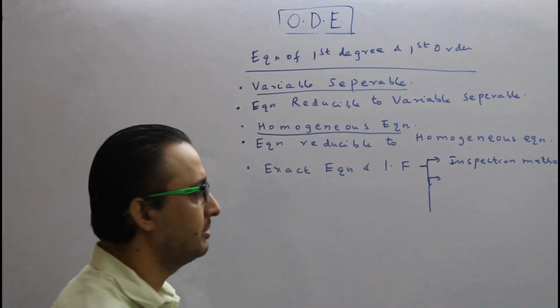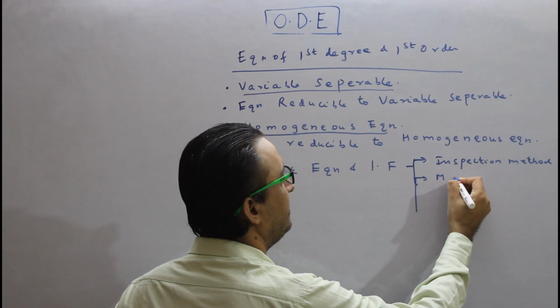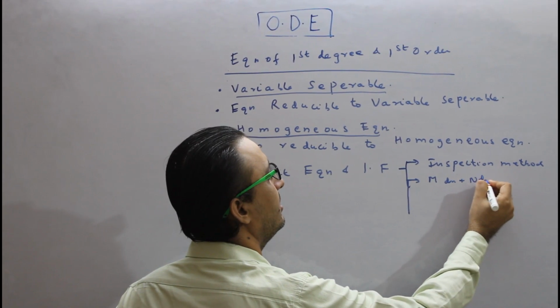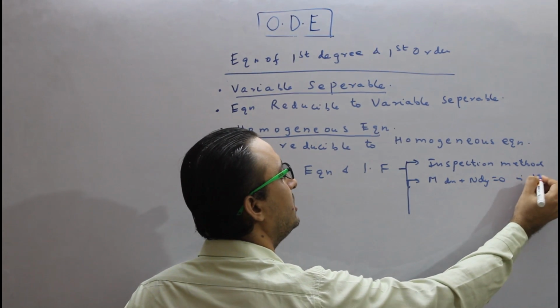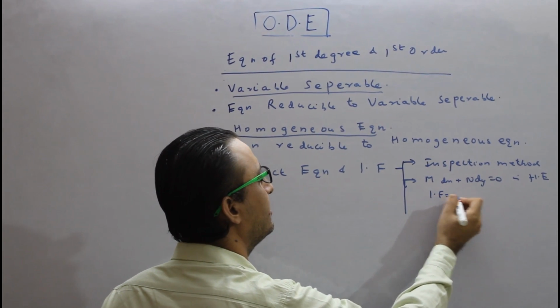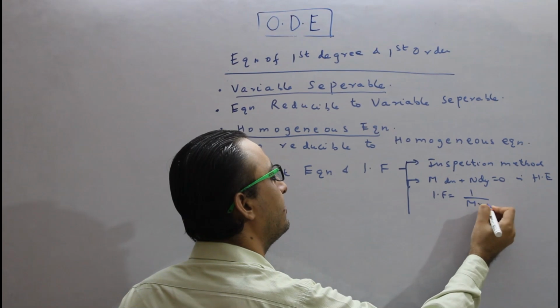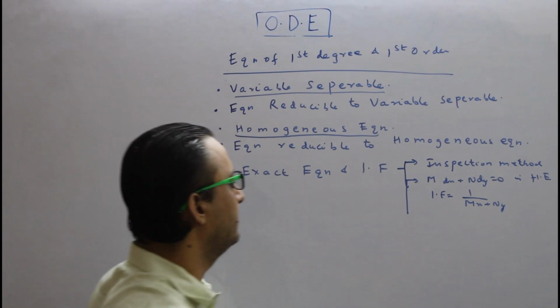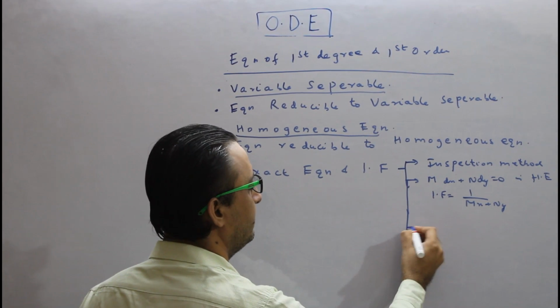I am just outlining. If Mdx plus Ndy is equal to 0 is a homogeneous equation, then right away we can say the integrating factor is 1 by (Mx plus Ny). Similarly, there are other rules also.